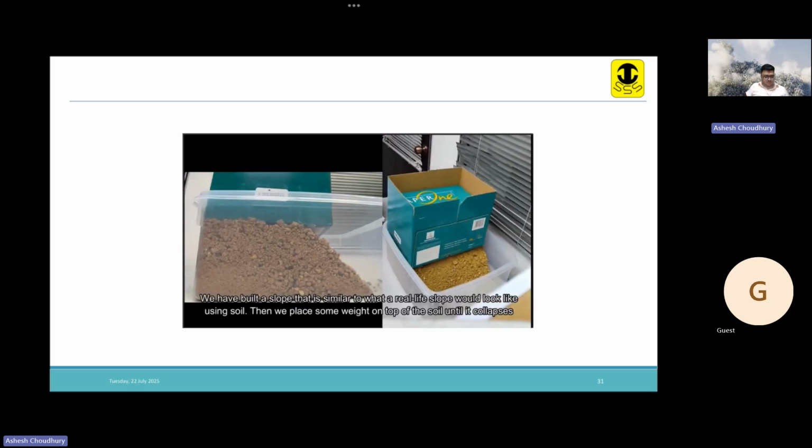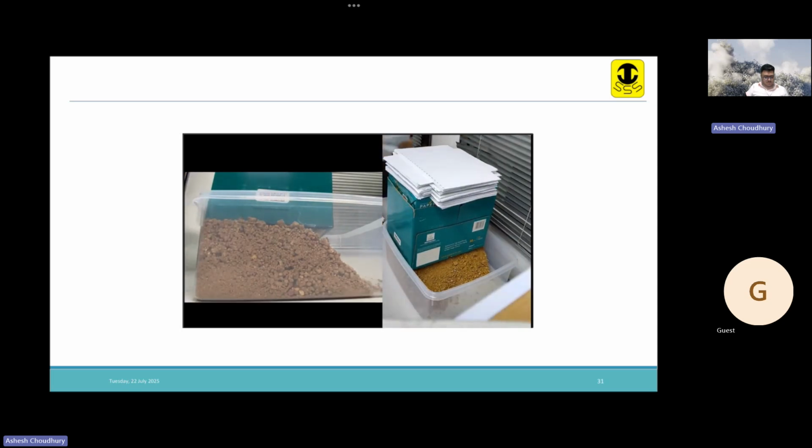We have built a slope that is similar to what a real life slope would look like using soil, and then we place some weight on top of the soil until it collapses.